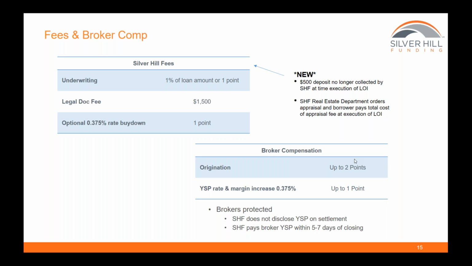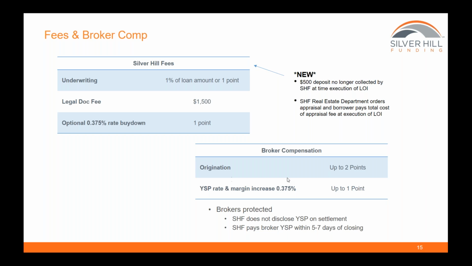As far as broker comp, this is one area where we did have to make changes. Obviously, I wasn't so happy about it because I want our customers to maximize their opportunity with us. But this ended up being in line with what we saw in the last 3 years, which is most brokers end up making between 2 and 3 points on a loan.